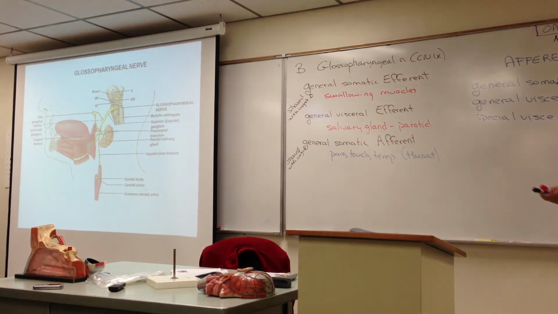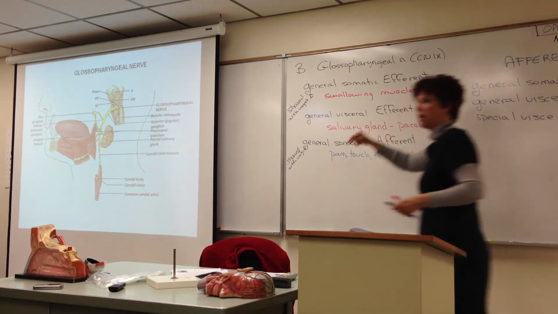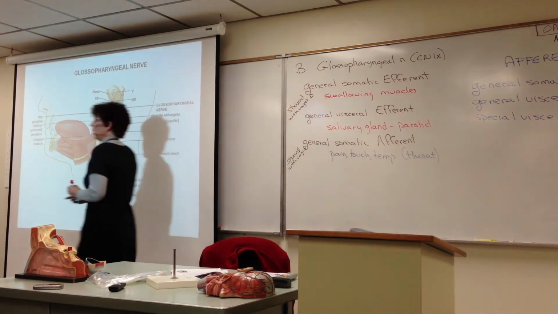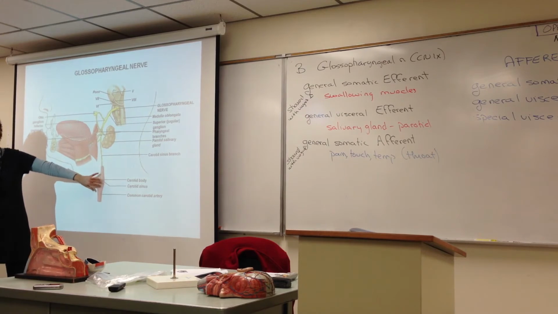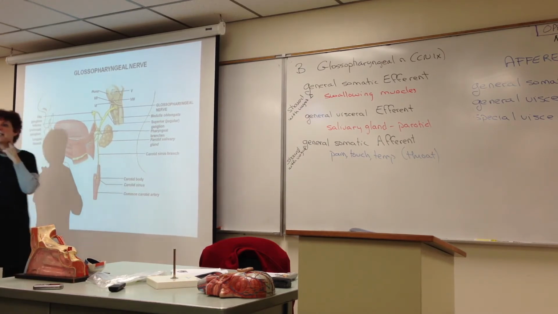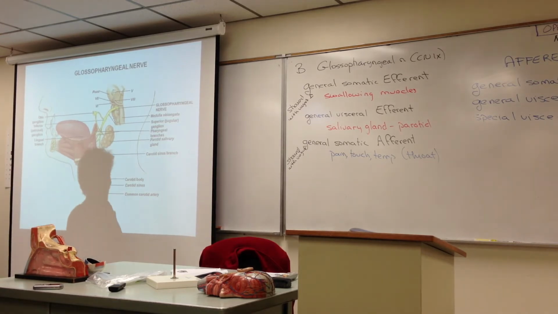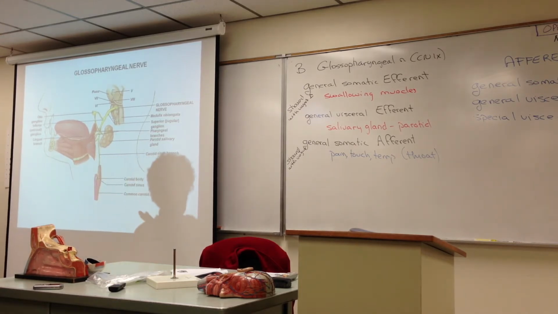Then we have general visceral afferent. And this is the unique one. Notice that part of the glossopharyngeal nerve goes down the neck, and it goes to the carotid arteries. So when we talked about the internal carotid artery going up through the skull, the aorta comes off the heart, and either directly off the aorta or another large branch, 2 common carotid arteries come up the neck.